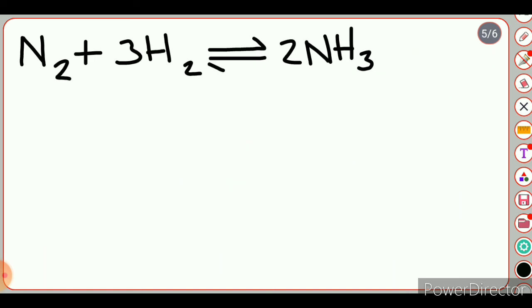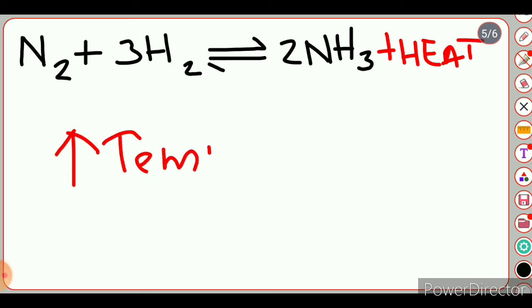Next, we are going to change the temperature of the system. Here, heat is produced in this reaction. So let heat be here on the product side. Now I am going to increase the temperature. That is, we are adding more heat to the system.